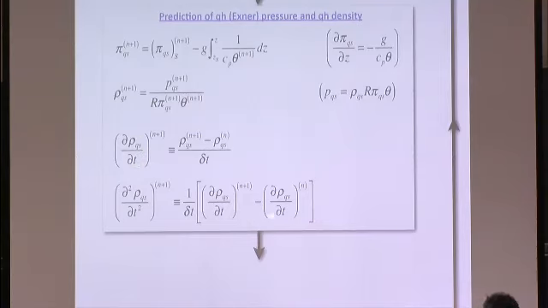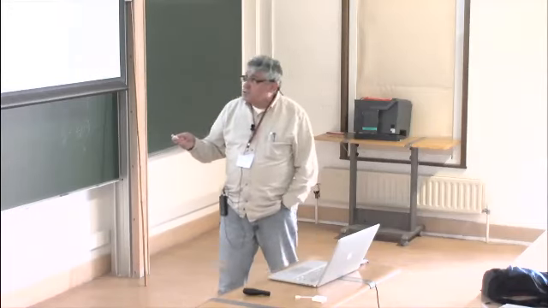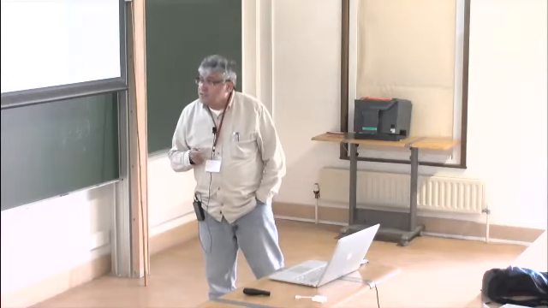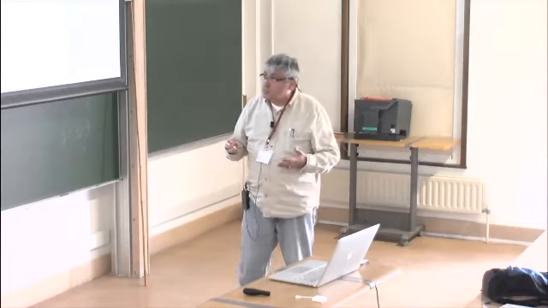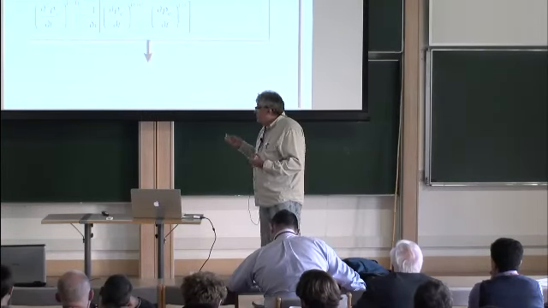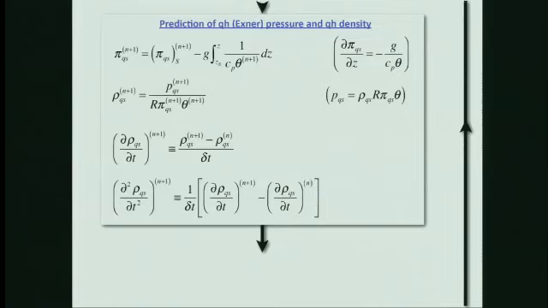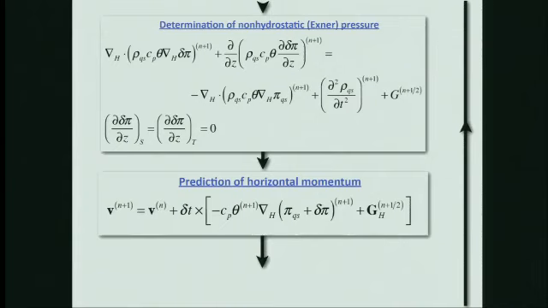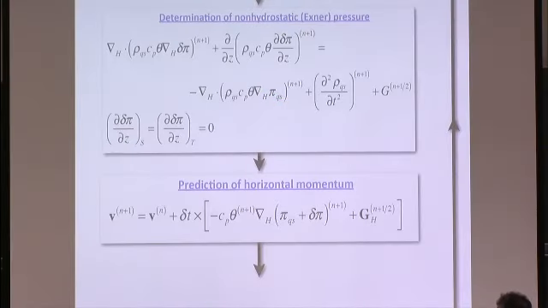And from the previous value of d rho qs dt and this new value, we have the second derivative of the density. Let's not forget that this rho qs dt is actually very small compared to horizontal and vertical mass convergence. If it is not small, something is very wrong anyway. So that is a minor thing. Then we solve our elliptic equation.